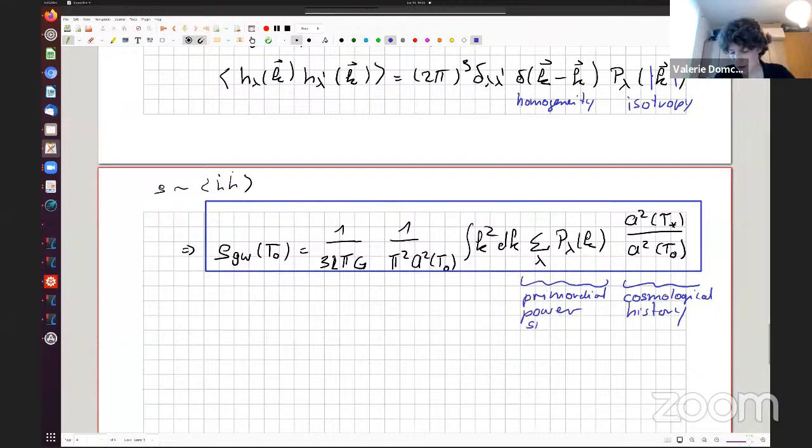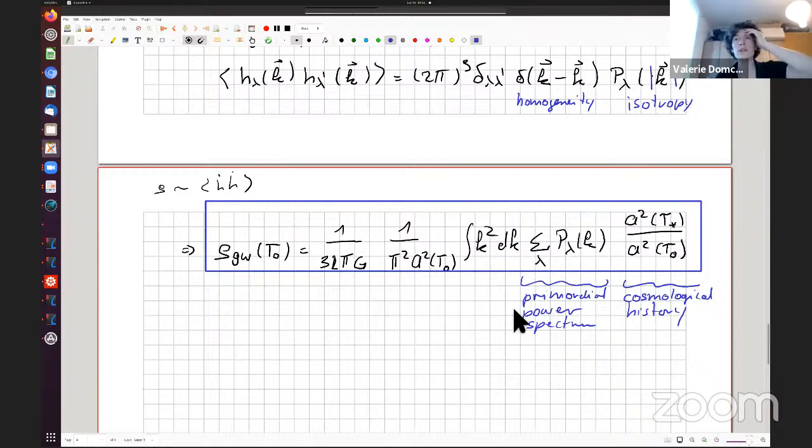And one observation is now that, say you manage to observe this thing, you're always observing a convolution of whatever is the primordial thing and whatever is the cosmological history. So typically you have to assume that you know one of the two. Typically we assume that we understand cosmological history, and then we can learn something about the primordial power spectrum by measuring this.